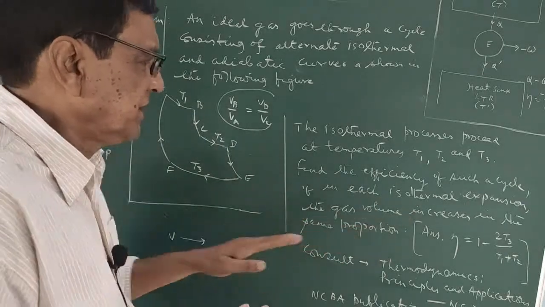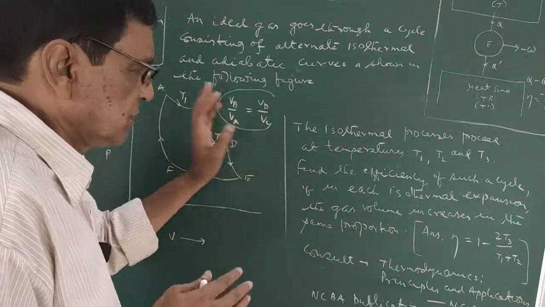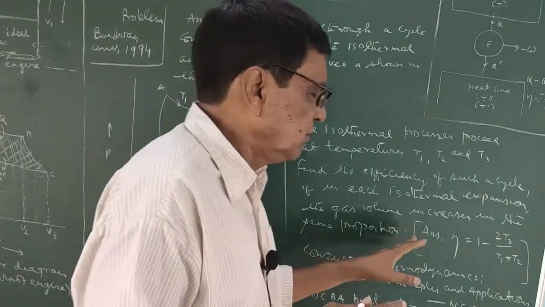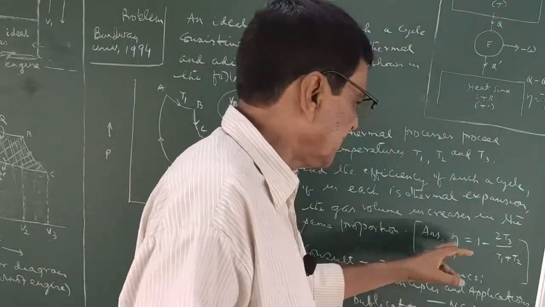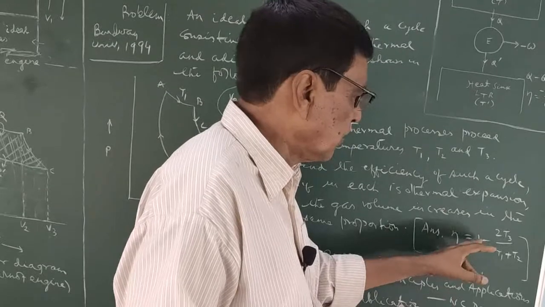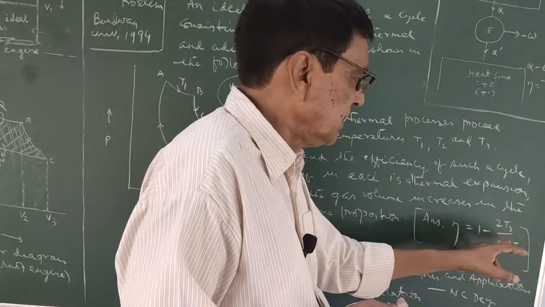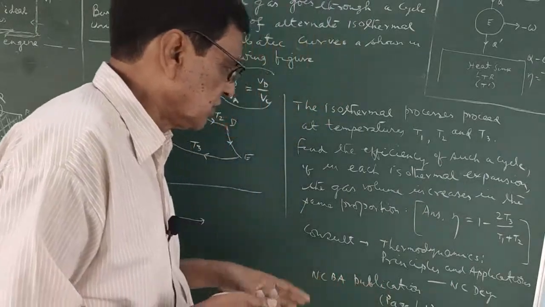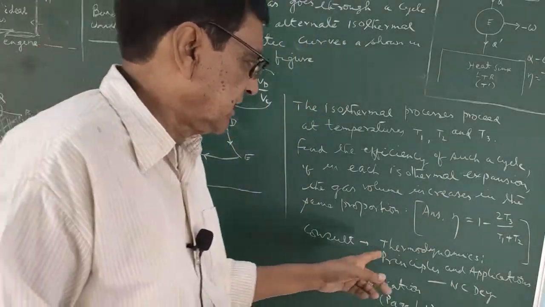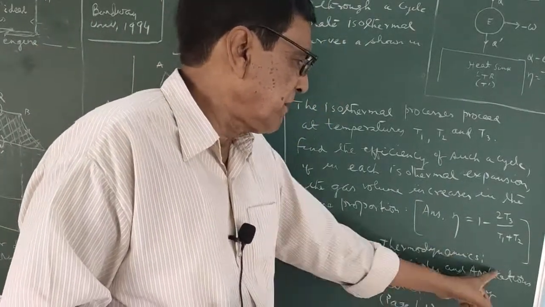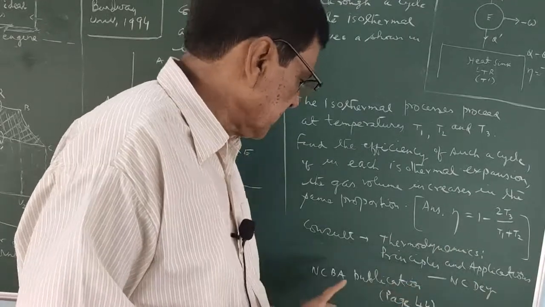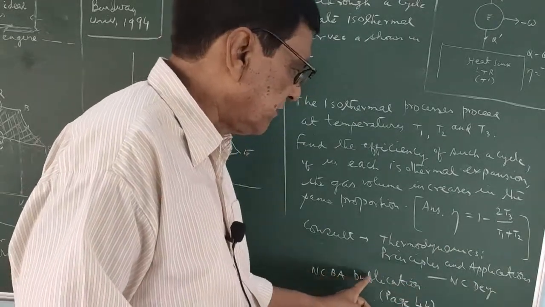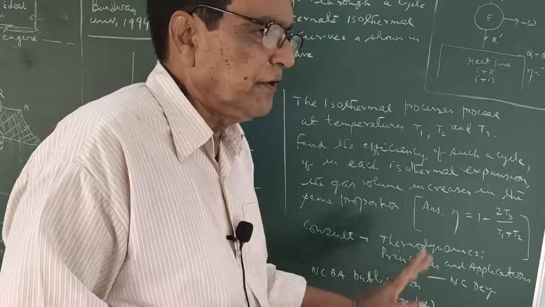You can do this at home, and the answer will be 1 minus 2T3 divided by T1 plus T2. If you fail, you can consult, if you like, Thermodynamics Principles and Applications by NC Day, New Central Book Agency publication, page number 44.